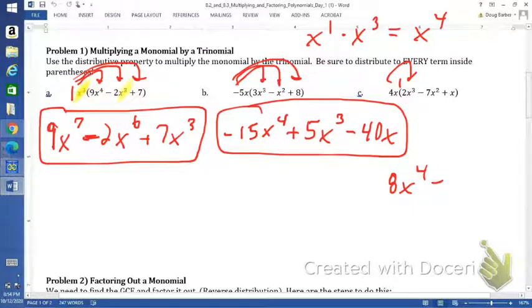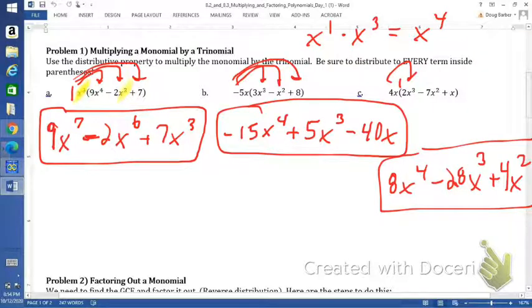Minus 4 times the negative 7 is the negative 28, and that's going to be x cubed, and then plus 4x squared. So there we got the negative 28x cubed, and then we multiply 4x times x. That gives us the 4x squared.